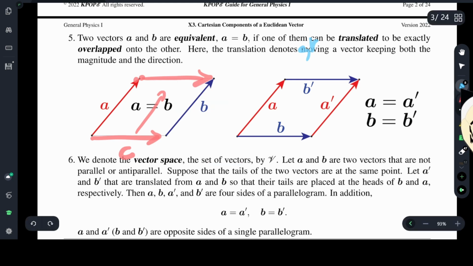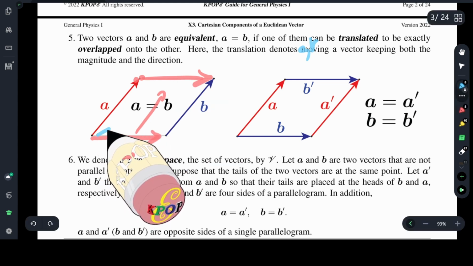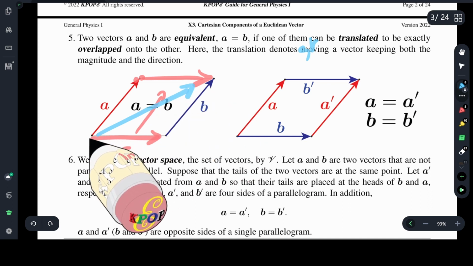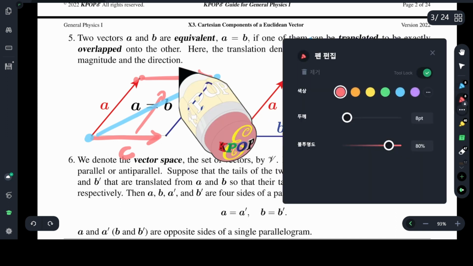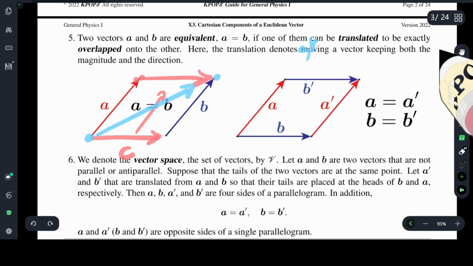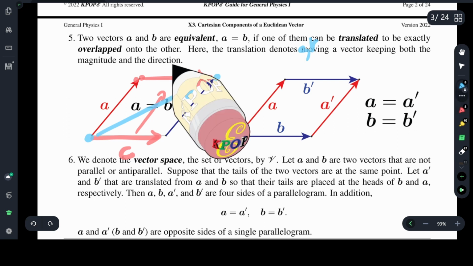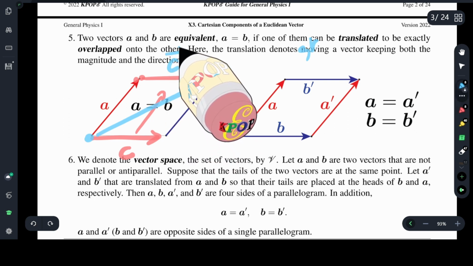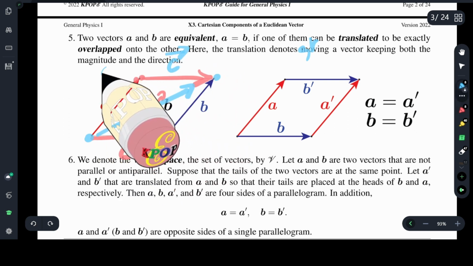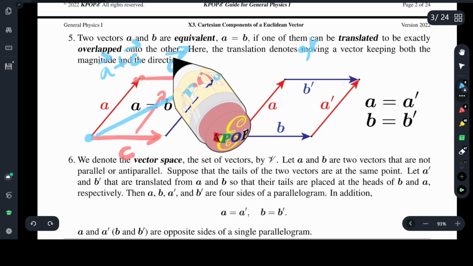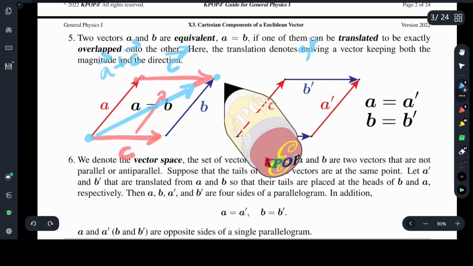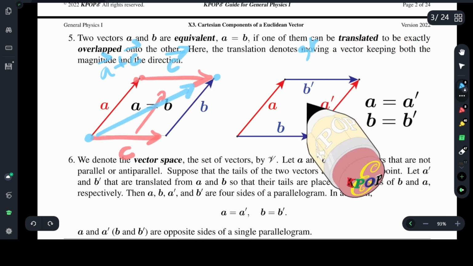The addition of two vectors is defined by connecting the tail and head of these two. In such a way, we can define A plus C. So vector addition can also be defined by using the translational operation.